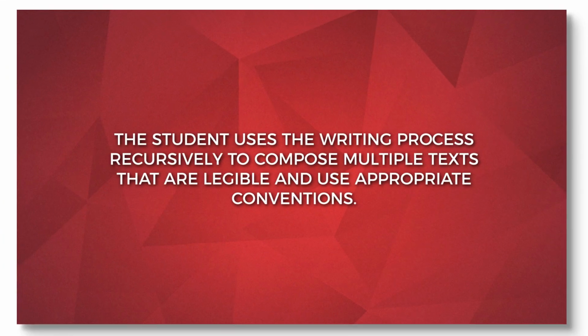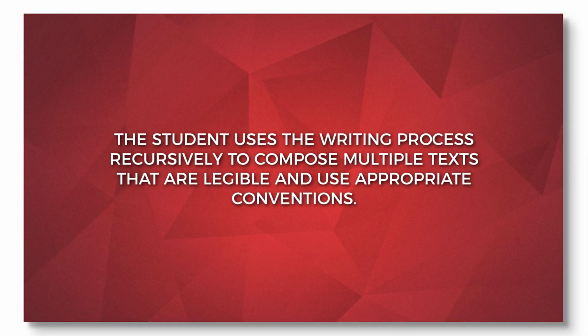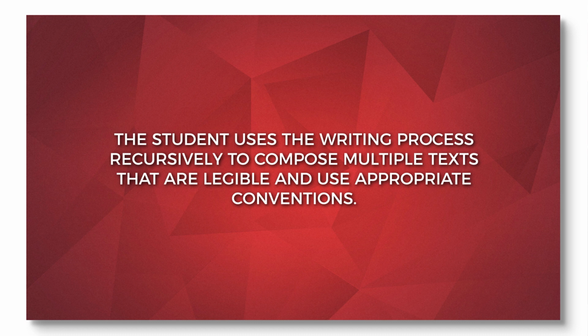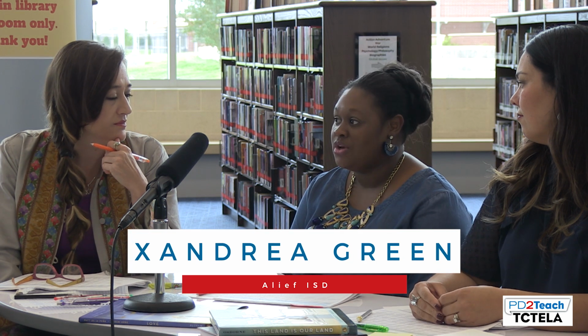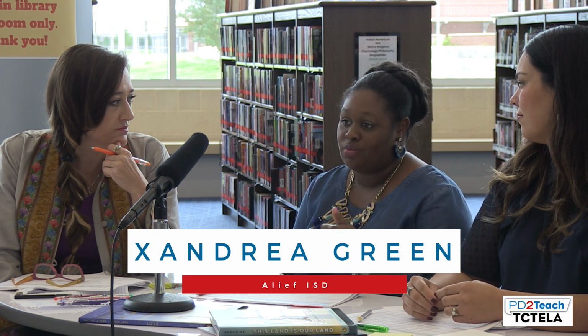The student uses the writing process recursively to compose multiple texts that are legible and use appropriate conventions. I look at this and it says the writing process is used recursively. How does that affect instruction going forward now? This is something that we're going to focus on in every piece of literature, even if we have not personally written it.